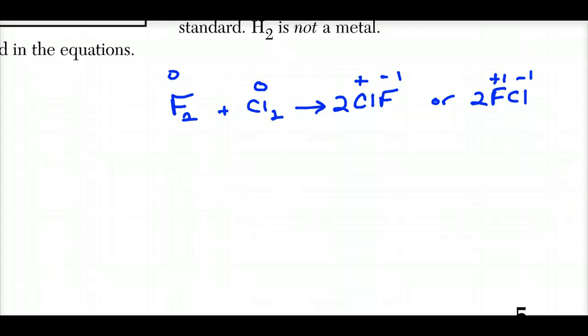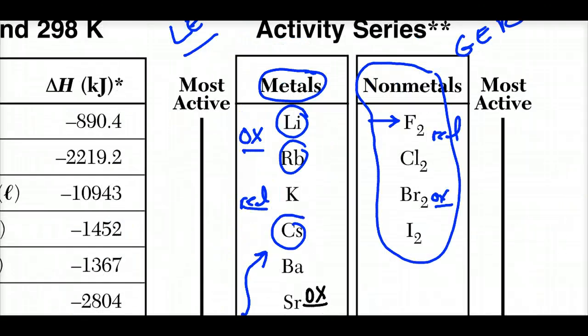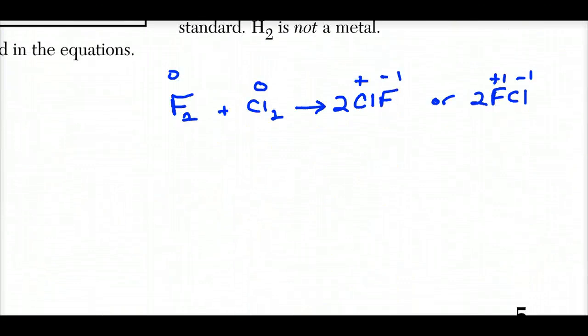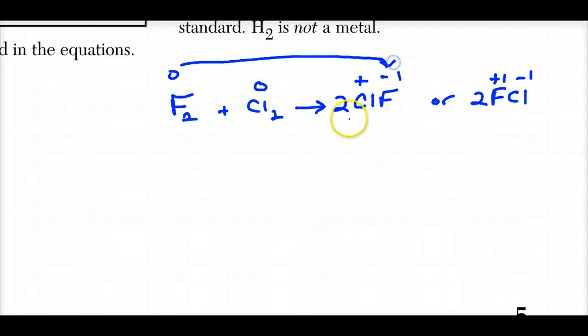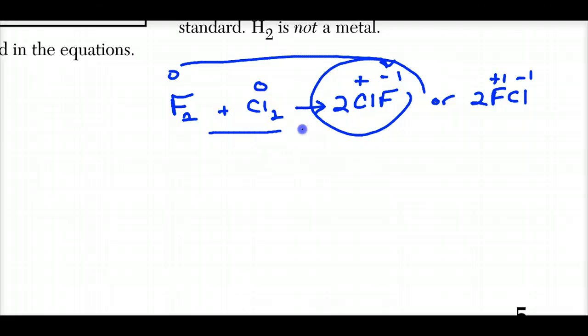Well, according to our table above here, F is above Cl. So F should reduce. So its charge should go down. So this 0 should go to a negative. And the chlorine, which is not as good at reducing, it should be oxidizing, is going up. This would be the answer. So this would be spontaneous. Okay, so I've seen questions like that.